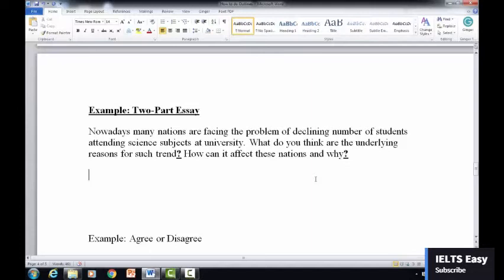Now, before I go through this outline, let me talk about something for a minute. Some students sometimes ask me questions like, "Well, what if I don't understand the question?" That's a problem. Okay, that means you don't have vocabulary.